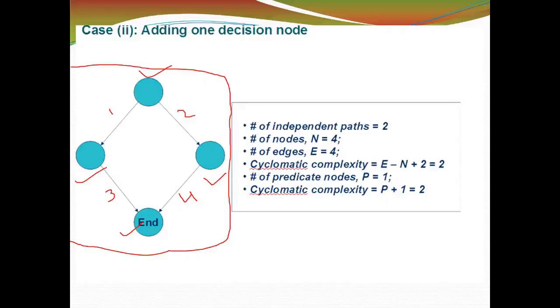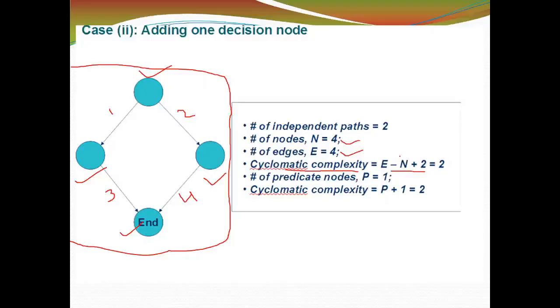by cyclomatic complexity. So in this example, the total number of nodes is 4 and the total number of edges is 4. The formula for cyclomatic complexity is given here. You need to substitute the values in that formula and you will get the cyclomatic complexity.